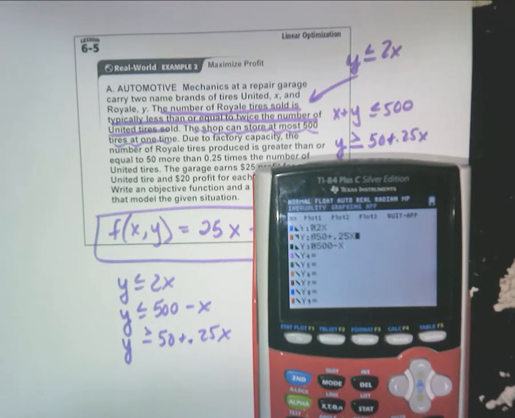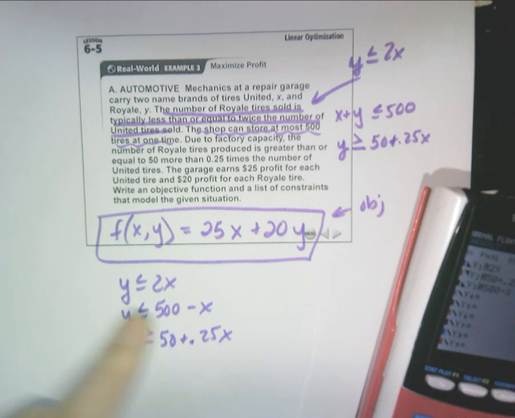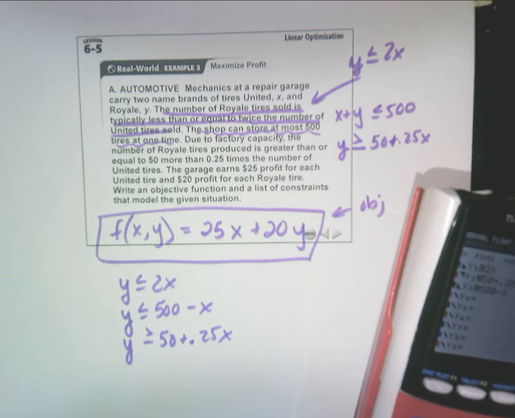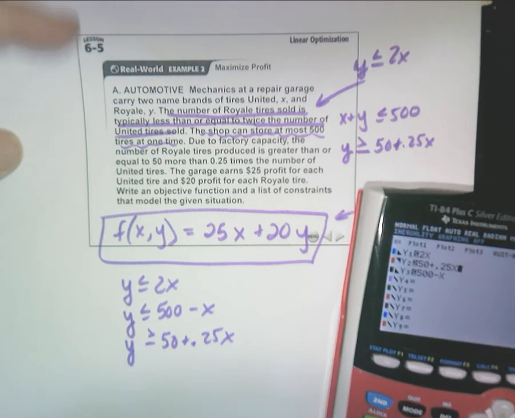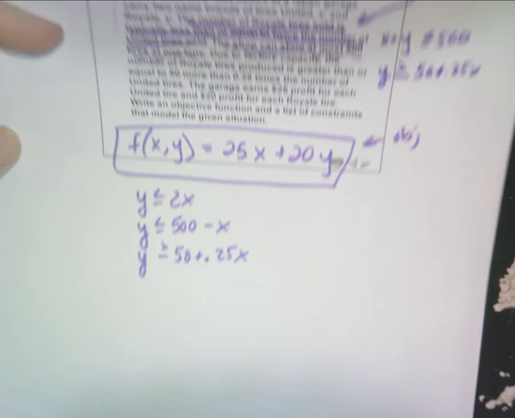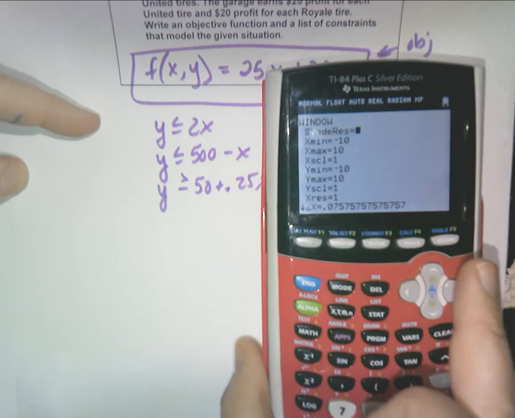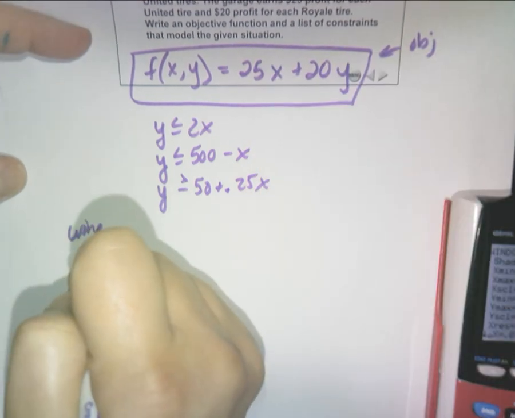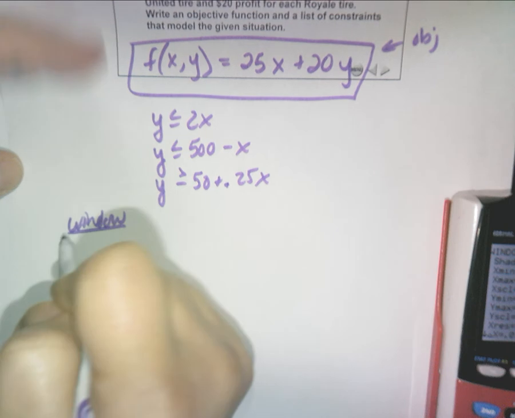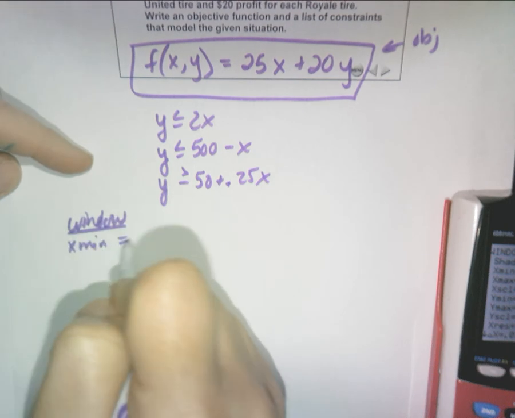Now, if you try to graph this right now as is, because you have such a large number right here, 500, we actually have to change our window. And I'm going to give you that window change for you right now. So you're going to go to Window. And I want everybody to change their window so that the X min is 0.